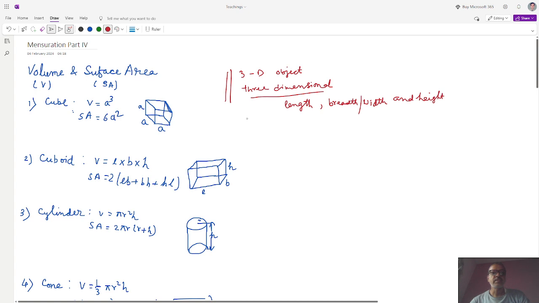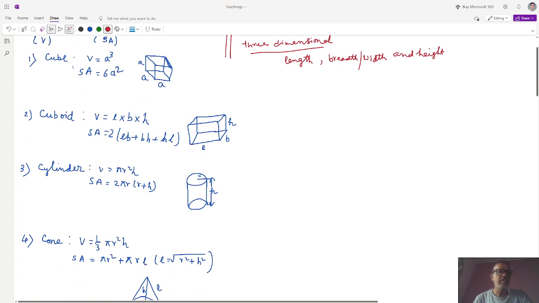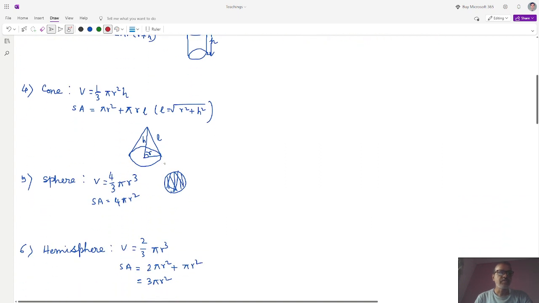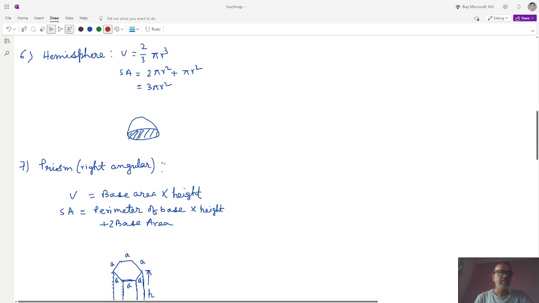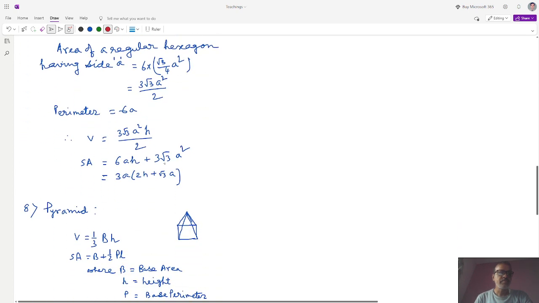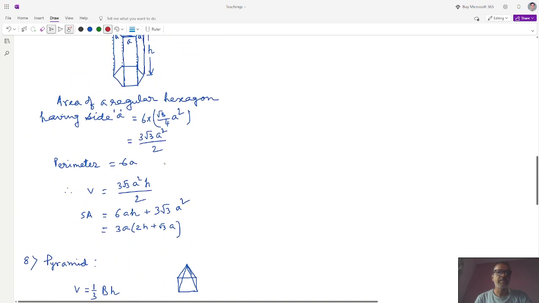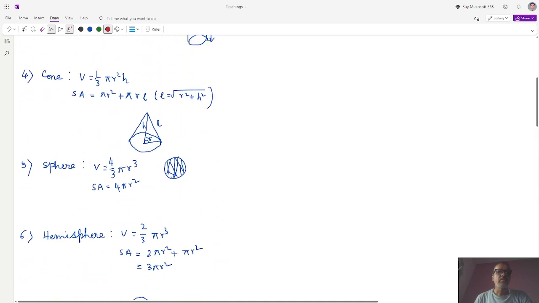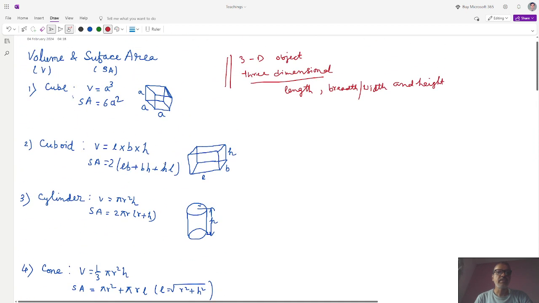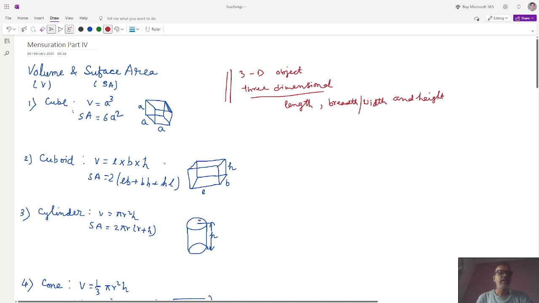What are the 3D objects in our daily life? This is a cube, this is a cuboid, this is a cylinder, cone, sphere, hemisphere, prism, pyramid, hollow cylinder, tetrahedron, etc. But the examples I said are regular 3D objects.